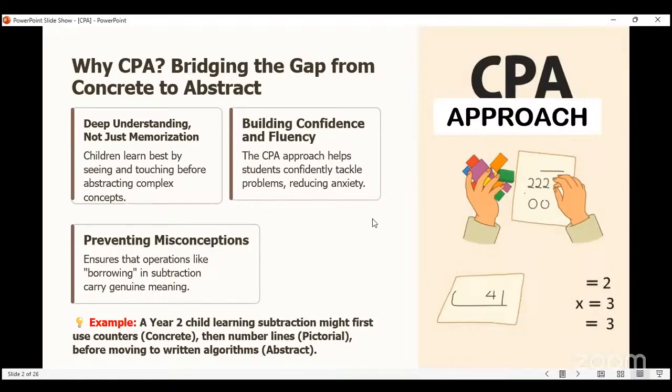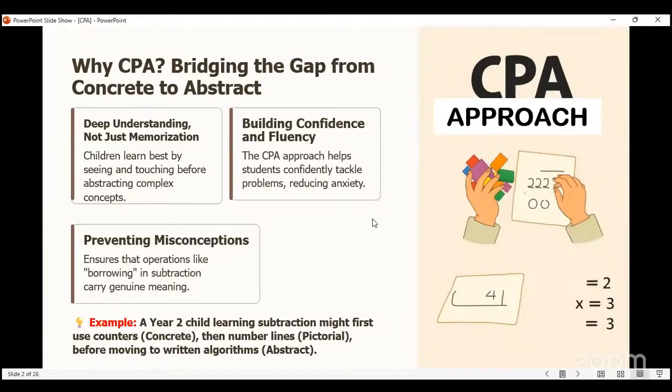We are going to take a deep dive into the CPA model to know exactly why the CPA approach, and how the CPA approach bridges the gap from concrete to abstract. And we're going to explore some practical classroom strategies for immediate implementation and talk about how to strengthen mental mathematics.